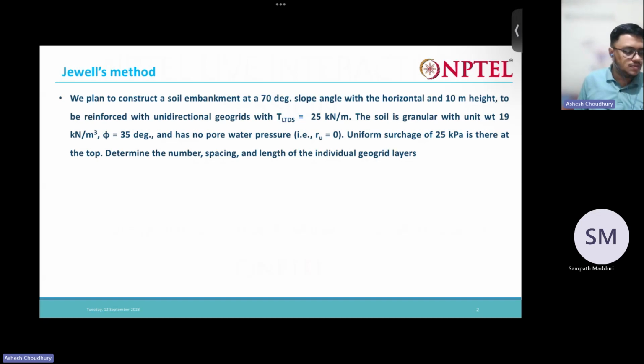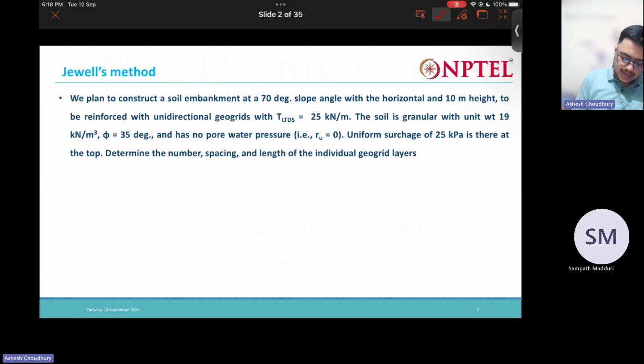If you can remember whatever was discussed in the previous class, the first thing that we do: here we have a surcharge acting, right? So as some surcharge is acting, what we will be doing is determining the equivalent height first. Okay. So let us see that.